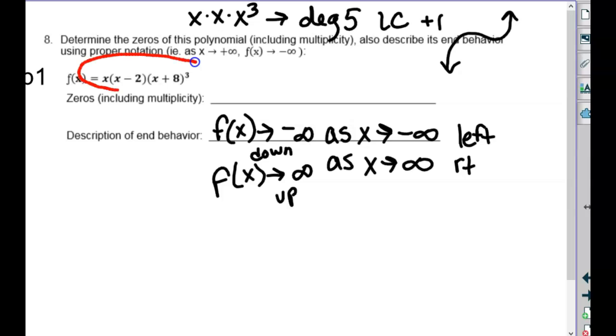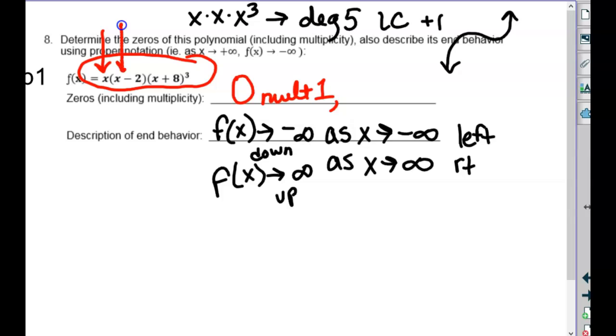Where are the zeros here? Okay, we still got people doing this wrong. Do we include 0? Okay, if there's an x, yes, because putting an x in there will make that a 0. So 0 is a 0 of multiplicity 1, and you don't really have to write the multiplicity 1s if you don't want.